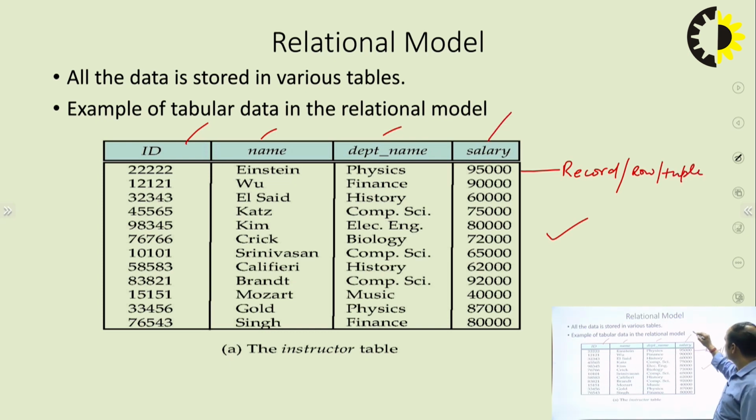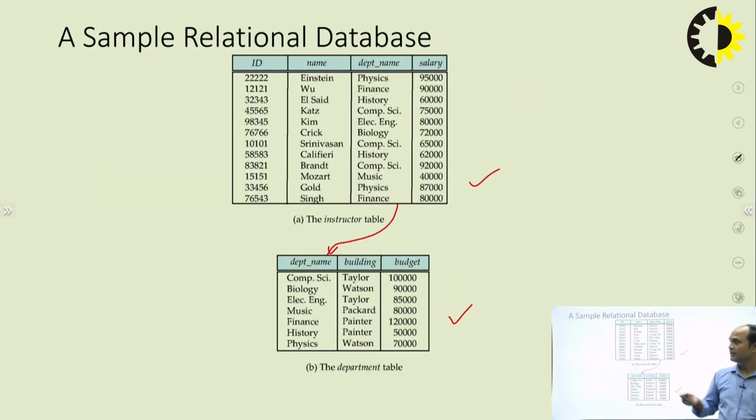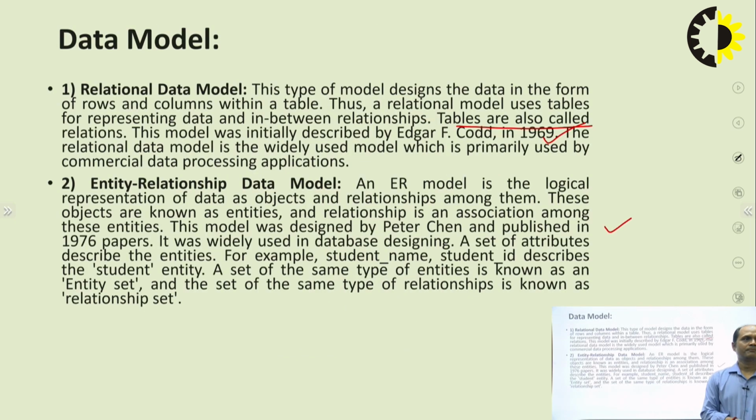The columns are known as attributes, or they are also called fields. We can store the data in the form of tables, and we can relate those data tables with the help of one column, that is department name.